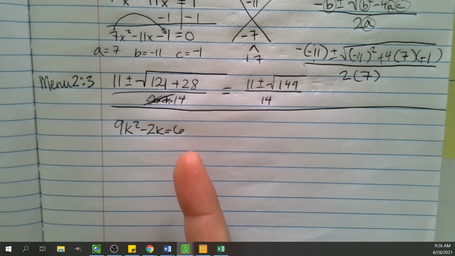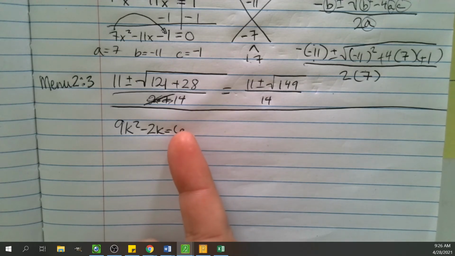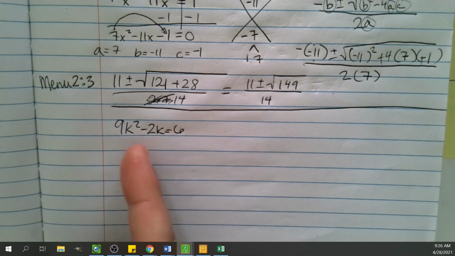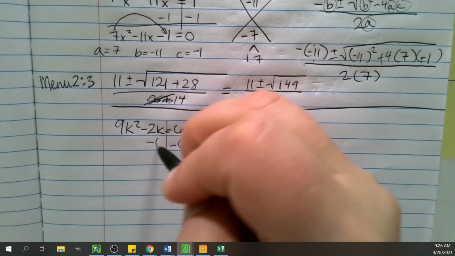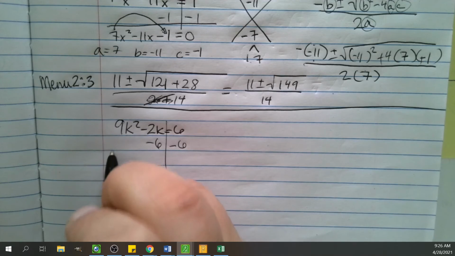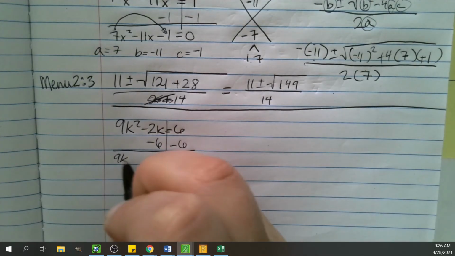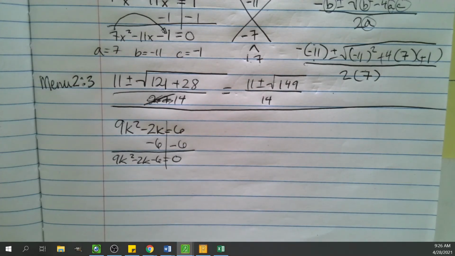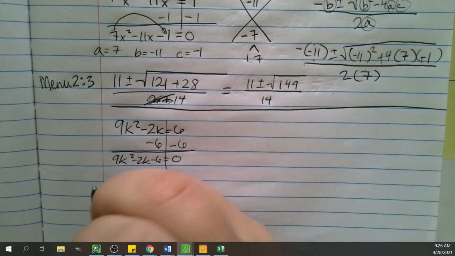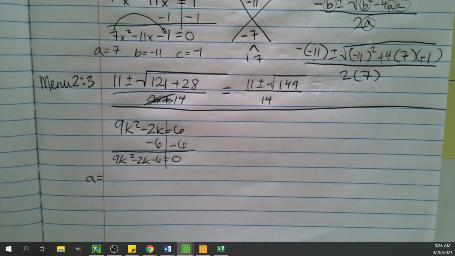Is this in standard form? No. What's my A, B, and C? What's A? Someone besides Caesar. Does anybody else know how to find A, B, and C?